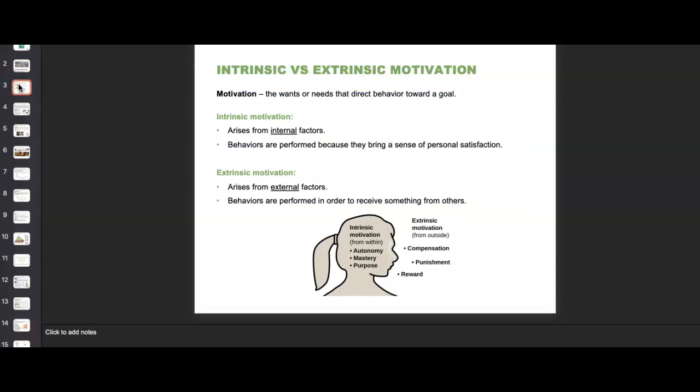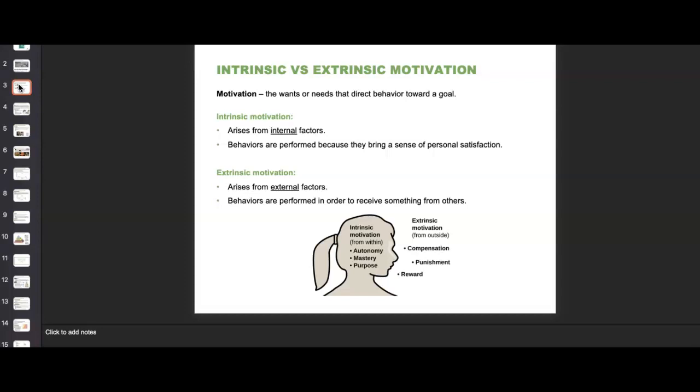So first we need to talk about motivation. Motivation is defined as the wants or needs that direct behavior toward a goal. We break motivation down into two types. You have intrinsic motivation, which arises from internal factors. Behaviors are performed because they bring a sense of personal satisfaction.